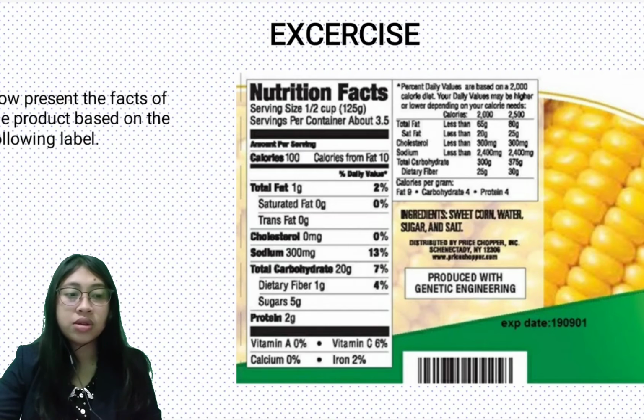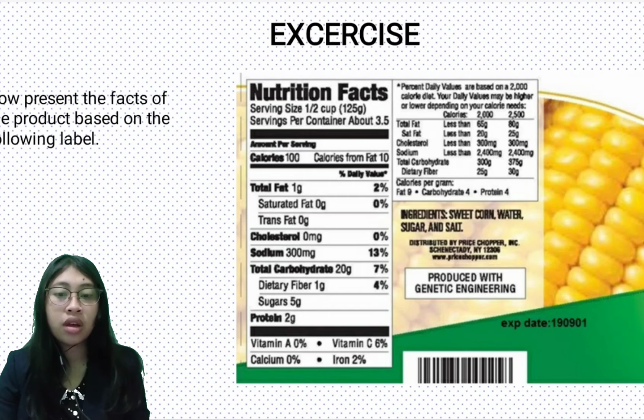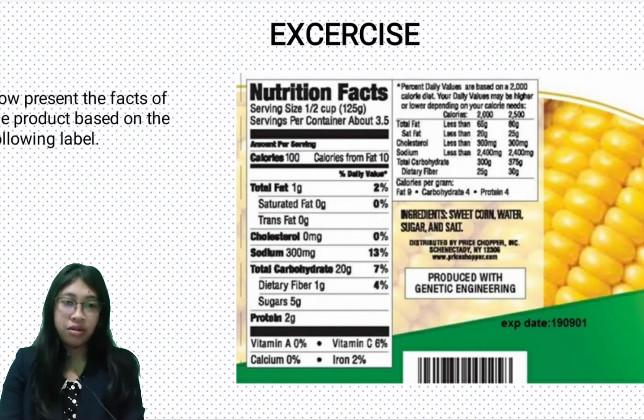See the label of this product, and you must make it like the guideline for presenting information that I gave you before. Now make it with your peer. Do it with your own group, then I will call randomly which group will perform in front of the classroom. Now I will give you 10 minutes to do it. Now time is yours.